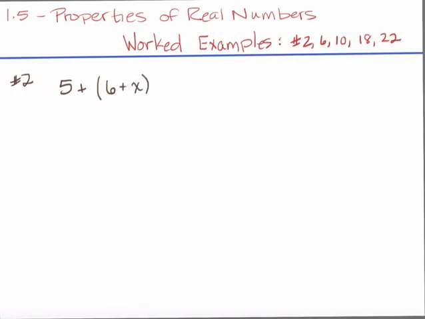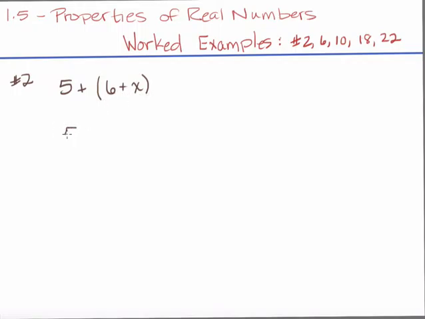Now in the examples I did in the lecture video, there were no variables. I simply used numbers to make the point that I could change the order or change the association if I wanted to. Now, I can't really do this part of the problem before I add the 5 because I can't add x to 6 since I don't know what x is.